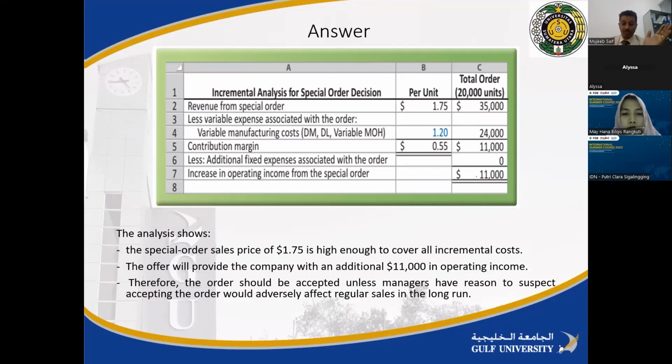So there are different ways that you can use to help the managers make a decision, but in these two ways the answer will be the same. There will be an increase in operating income, either way. So this is the most important point, because it will be faced by all organizations, not only for this decision.